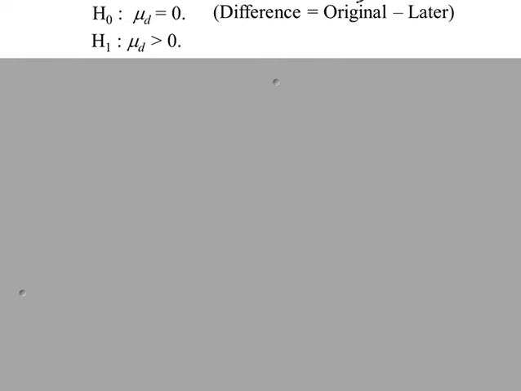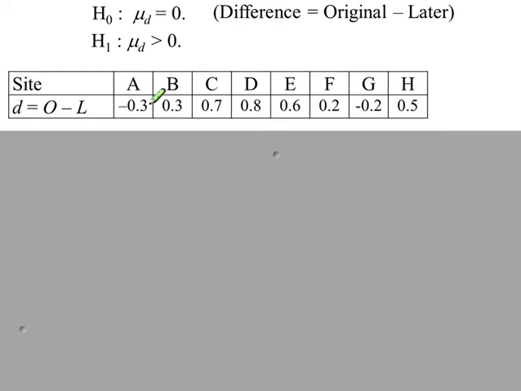On the other hand, if you do the later value minus the original one, then the mean difference here will be less than 0. Yeah, that's an alternative way of carrying out the test. So we have our differences. If there was a difference of 0, we would still include that when we work out the mean and standard deviation for the differences.